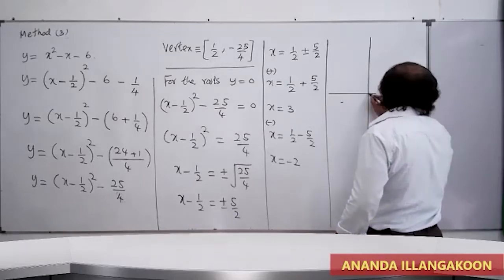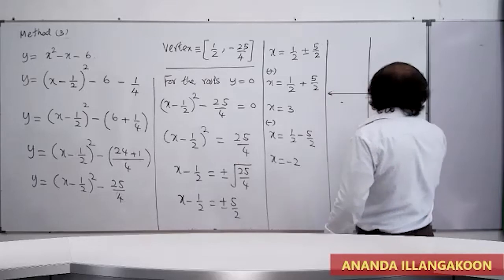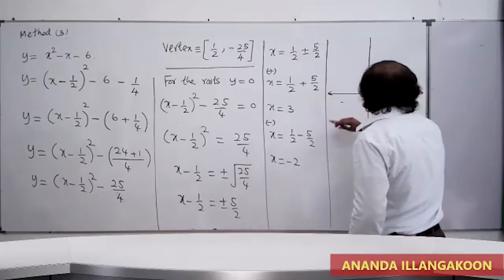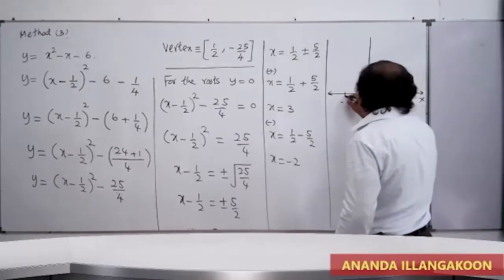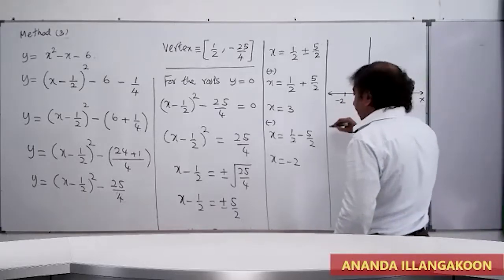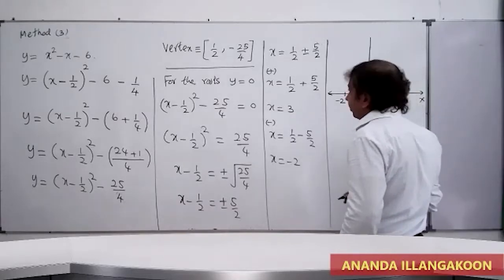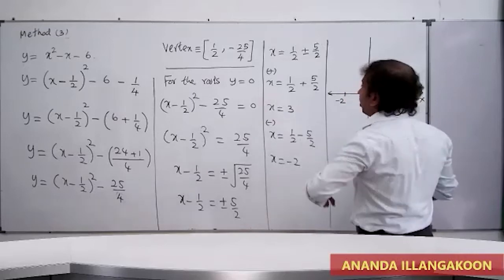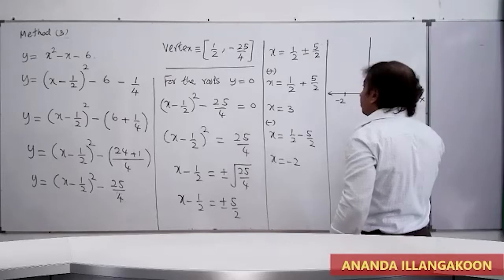In your A levels, you won't have to draw the graphs on graph paper. Only rough sketches we need in our mathematical work. It's minus 2 here, and the other root is plus 3. Suppose that is here. And the vertex is half here, minus 25 by 4.